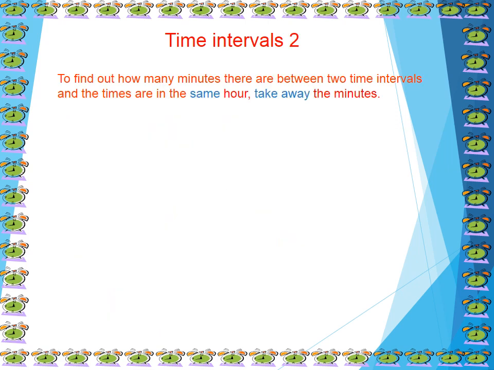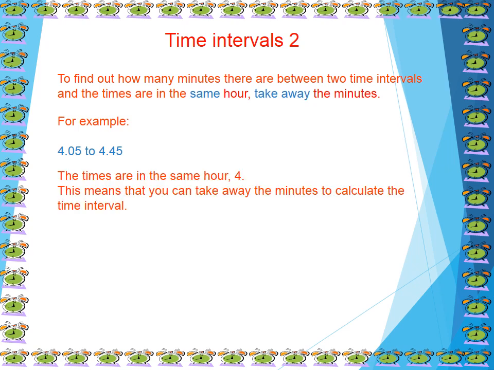Now, to find out how many minutes there are between two times when the times are in the same hour, take away the minutes. How? For example, we have 4:05 to 4:45. How do we find the time interval between these two times?